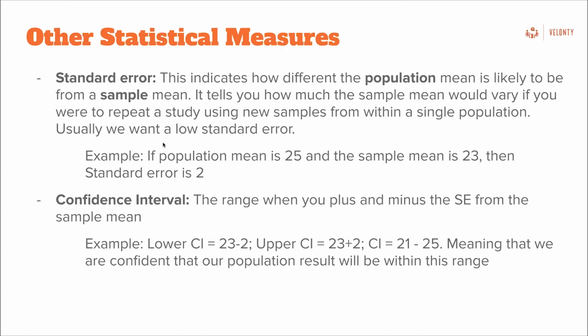So this is a practical example. If the population mean is 25 and the sample mean is 23, then the standard error is 2. What does this mean? Let's say you have a population of 100,000 people, and you sample just 10,000. But let's say you could actually sample everybody, because you have the capacity, or they give you accurate data.